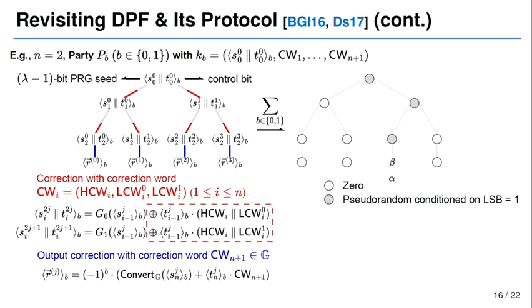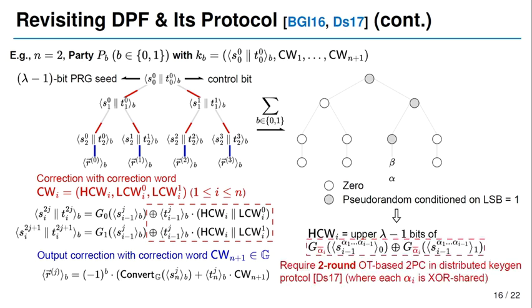And the output node is also corrected to beta using the blue correction. And this correction ensures that for each level, the correction word should depend on some shared bits of alpha. And this requires two-round OT-based 2PC in the distributed key generation protocol.